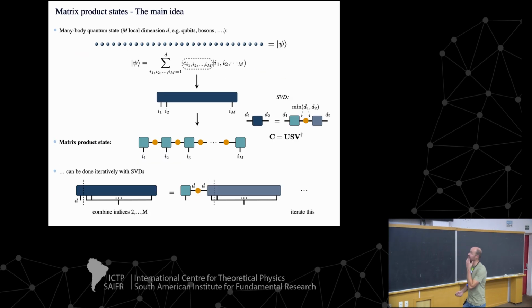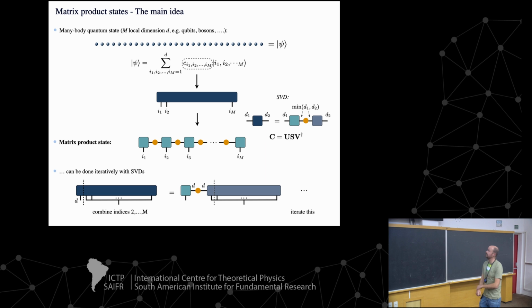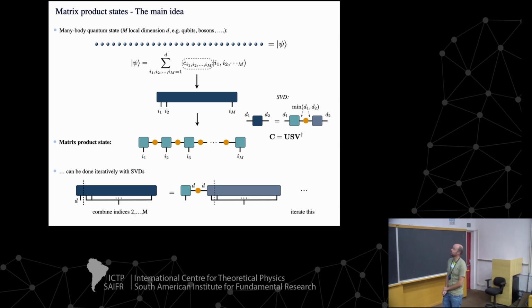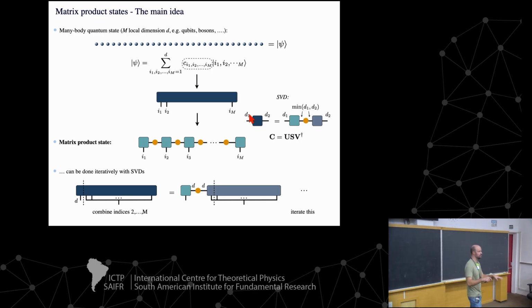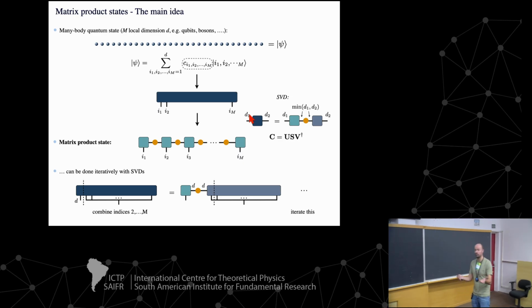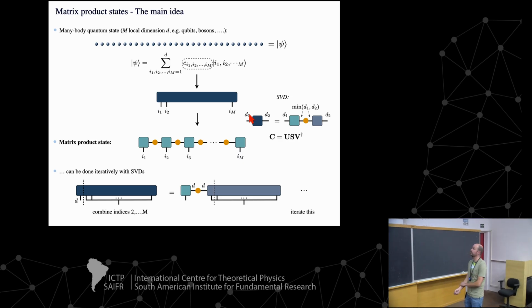And this is where our diagrammatic notation again comes in pretty handy. So fundamentally, what I want to convince you of is what a matrix product state is. I take my coefficient tensor, which I defined before, for an arbitrary many-body system. Before I said it was just a qubit system, but it can also be local bosons or any composite system really. And I write it just as this object with all of these indices coming out here.